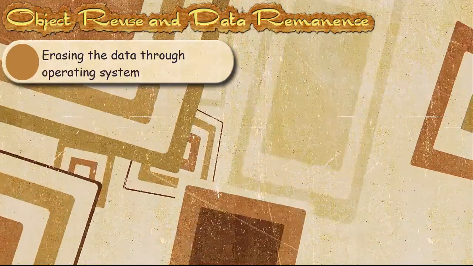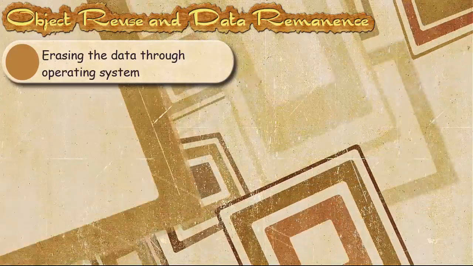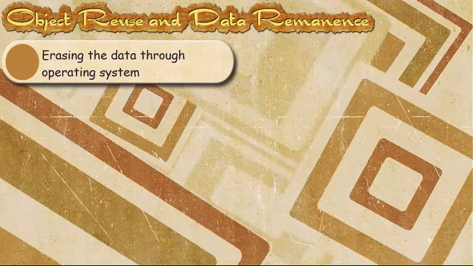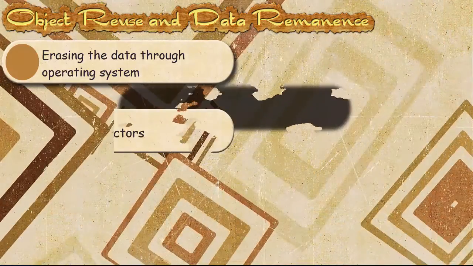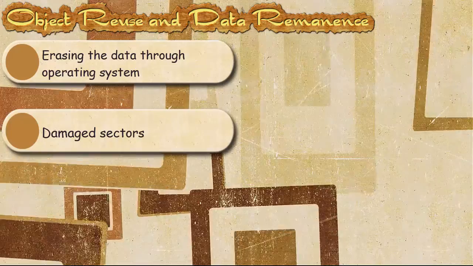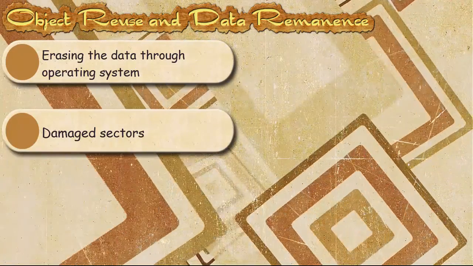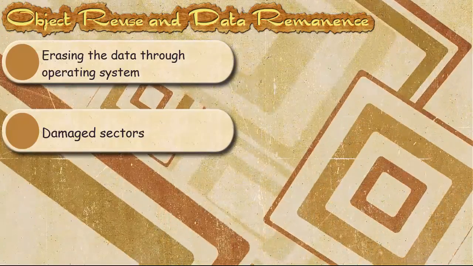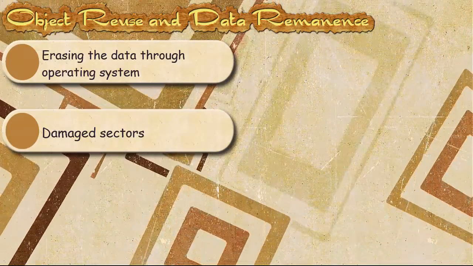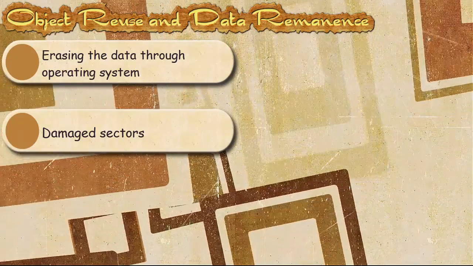So when you think that you are erasing files from your hard drives on a computer, there are ways to retrieve those files. Second problem is damaged sectors. These damaged sectors of the disk may not be overwritten by the format utility, so degaussing may need to be used, or formatting 7 times is recommended.